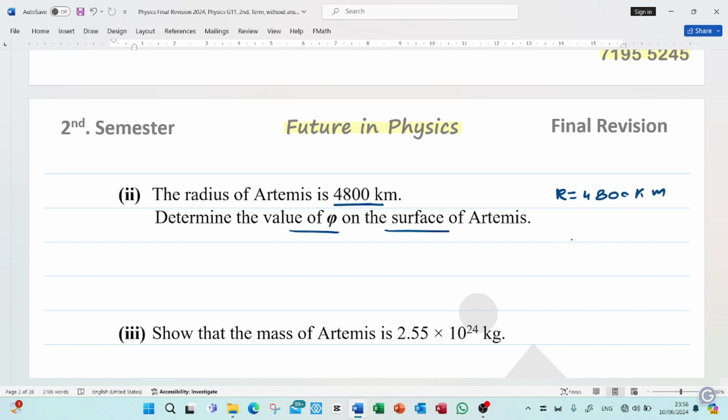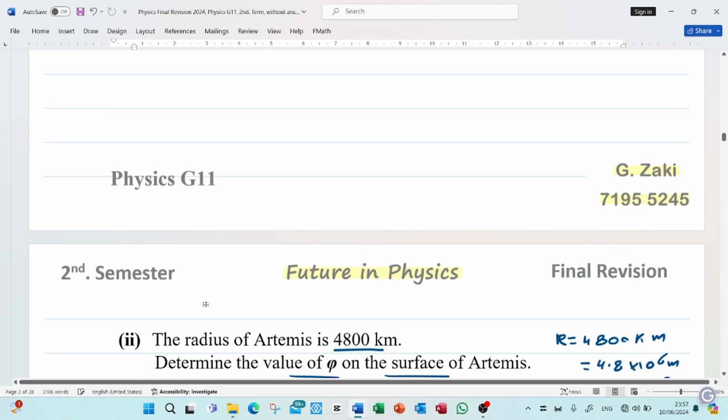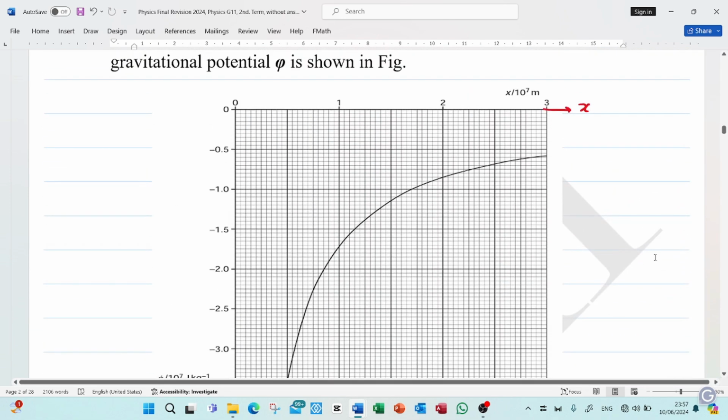We convert to meters, okay? So this is 4800 kilometers, converted to meters, it's 4.8 times 10 to the power 6 meters. We can rewrite it as 0.48 times 10 to the power 7 meters. Why do I write this? Because the axis here is in 10 to the power 7.